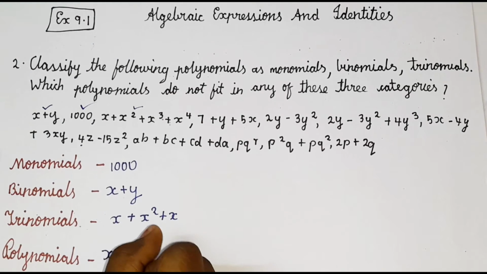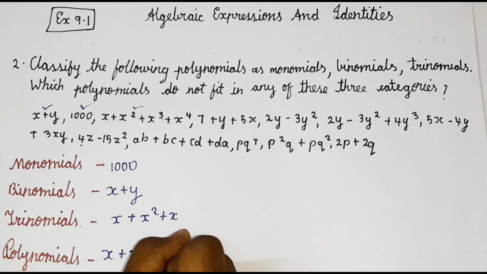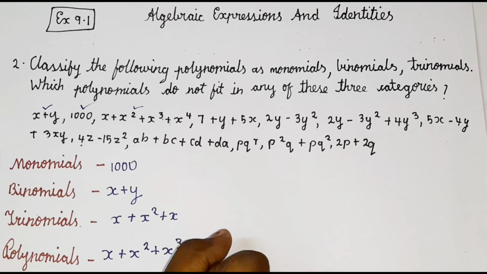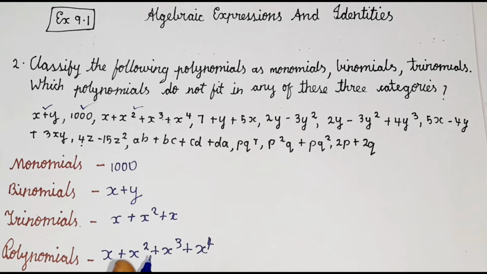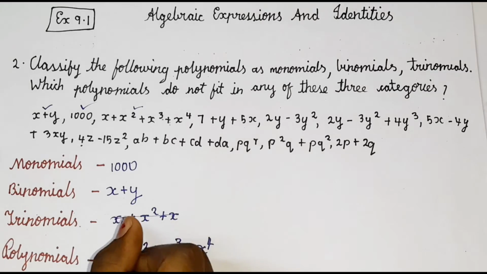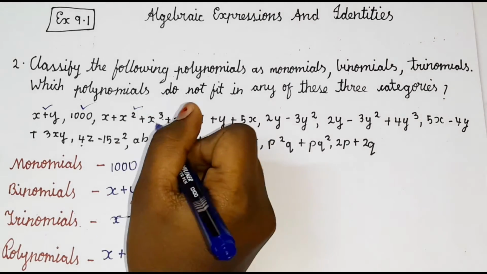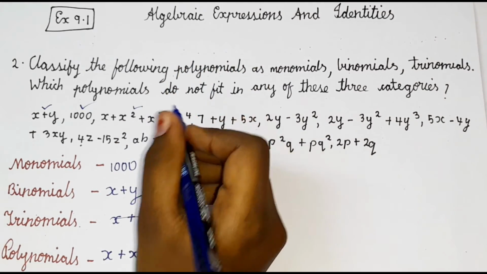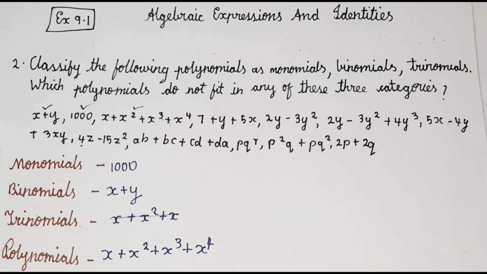So x plus x square plus x cube plus x power 4. So this is not a trinomial, okay. First I saw only till here. It also has x power 4, which means it's having 4 terms.